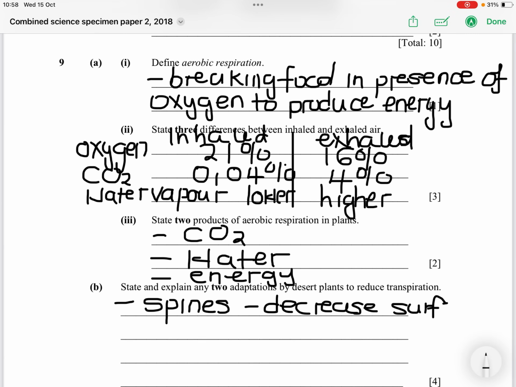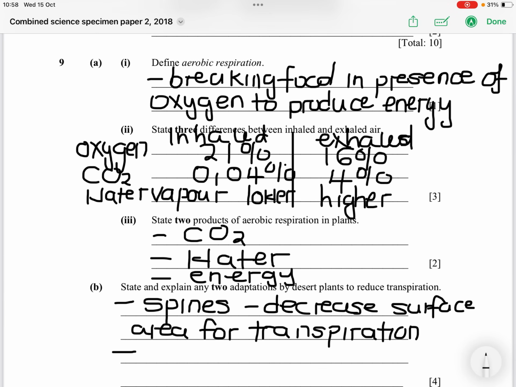This is there to decrease surface area for transpiration. So that is what we need to explain. They have spines instead of leaves to decrease the surface area for transpiration, right? You get your 2 marks.